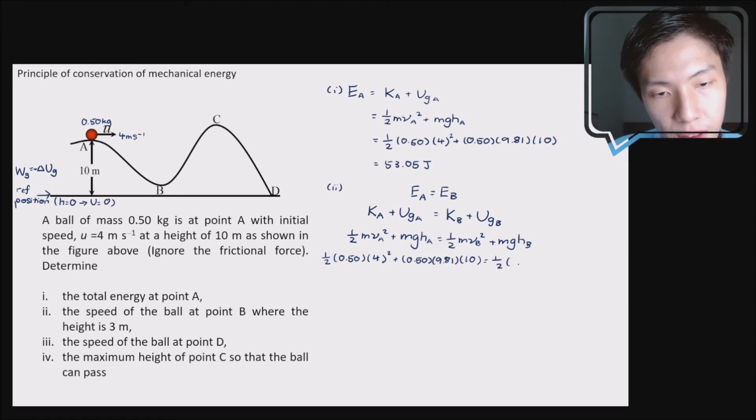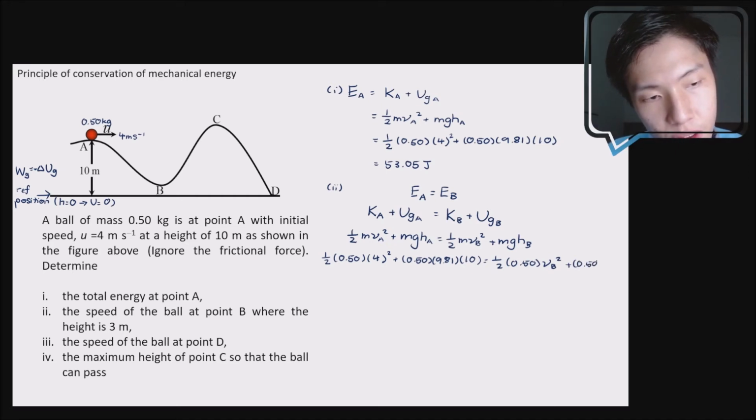Next, half, 0.5. We are interested with the speed, so leave it at VB squared, plus 0.5, 9.81, and the height at point B will be 3 meters.